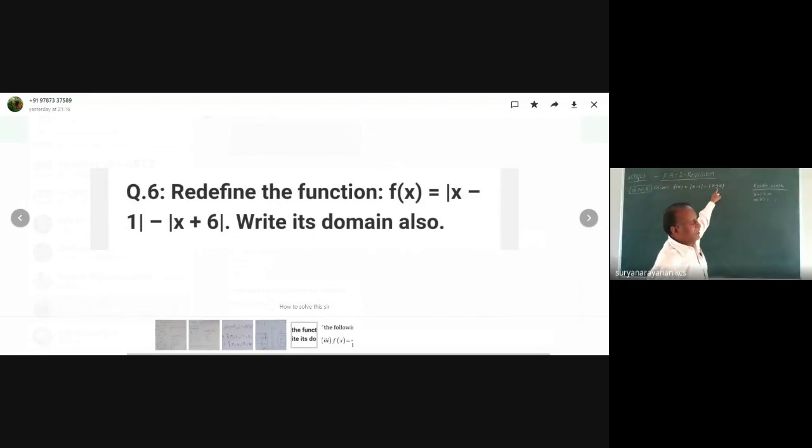Now, the second function in the modulus symbol also, x plus 6 is there. x plus 6 is equal to 0. This implies x is equal to minus 6. So we got here two values for x: x is equal to minus 6 and x is equal to 1.